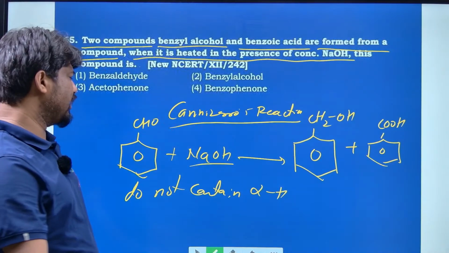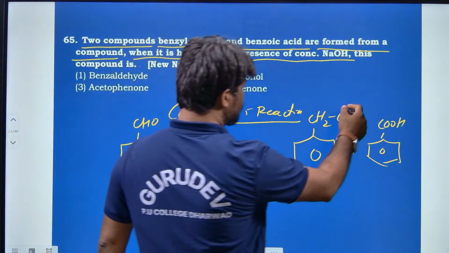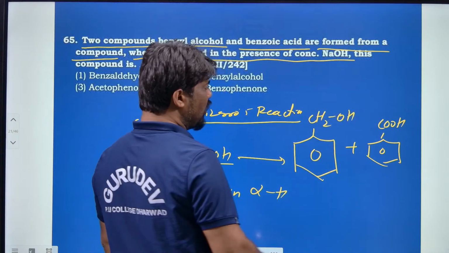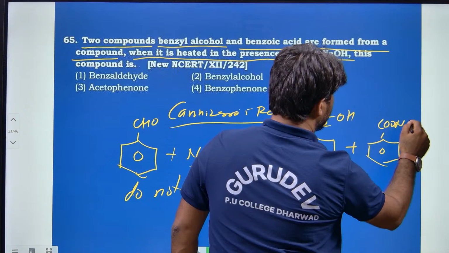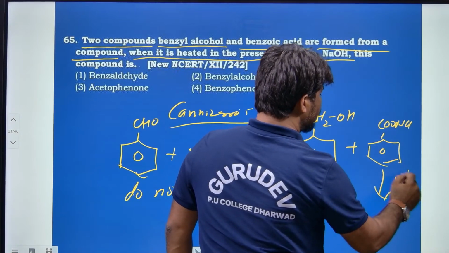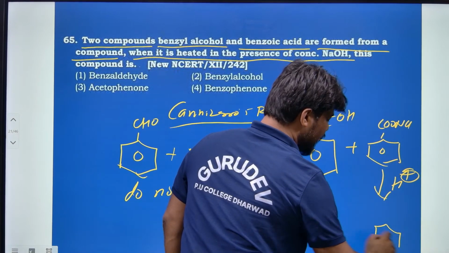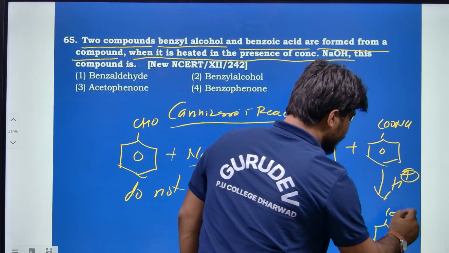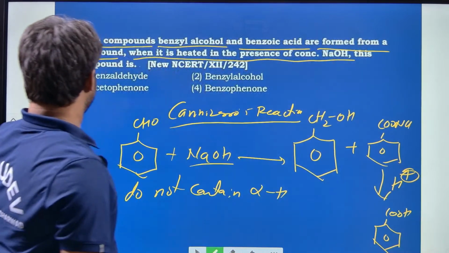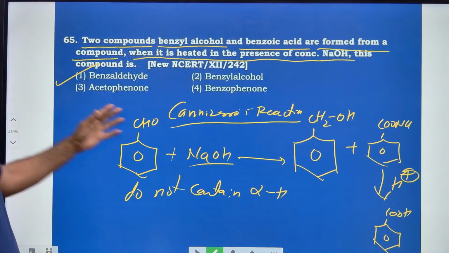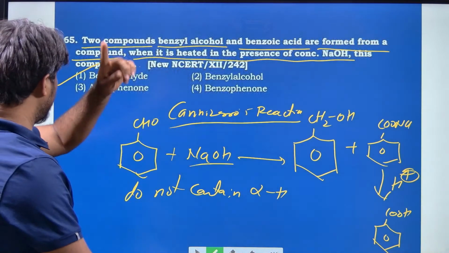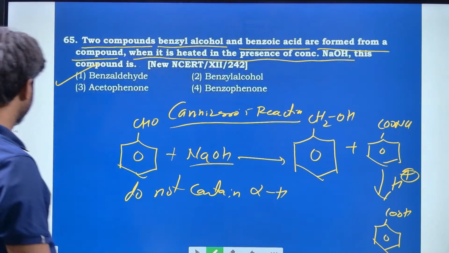When it reacts with sodium hydroxide, it forms benzyl alcohol along with sodium benzoate, which on acidification gives benzoic acid. Hence here benzaldehyde is the molecule that undergoes the Cannizzaro reaction to give the products. Hence option 1 is the right answer for the question.